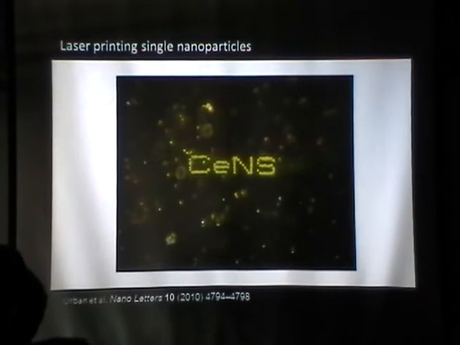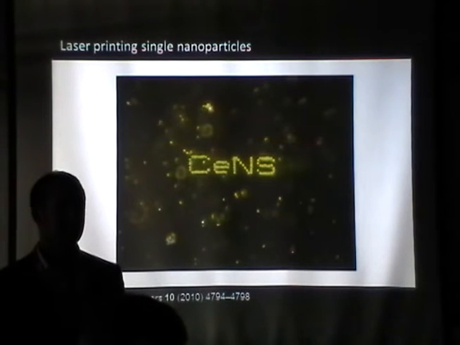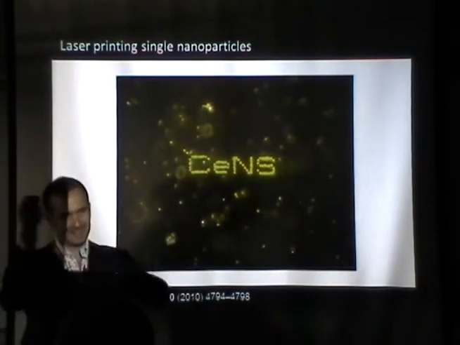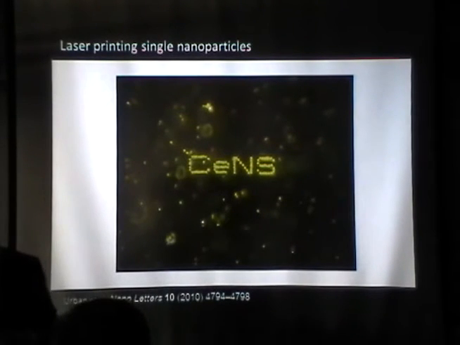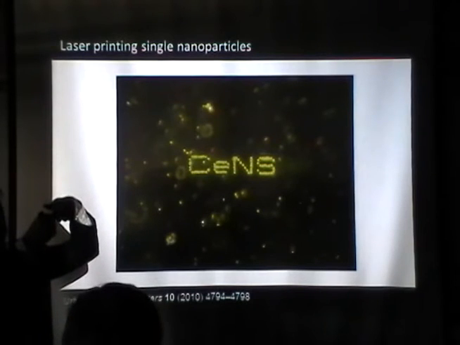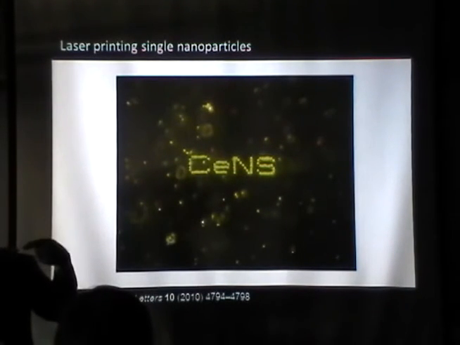So you just hold the laser in one spot and then wait for a particle to go by. That's correct. The particles are swimming by Brownian motion in the solution. When by chance one gets into the laser spot, it's trapped radially by the optical forces.